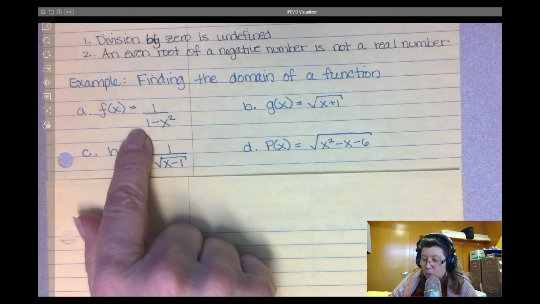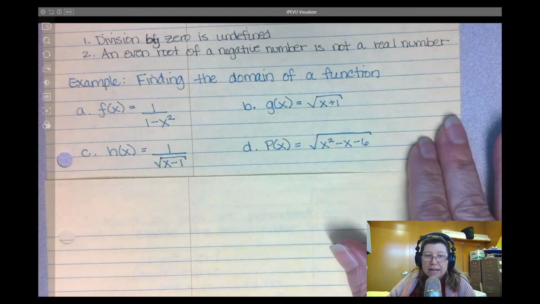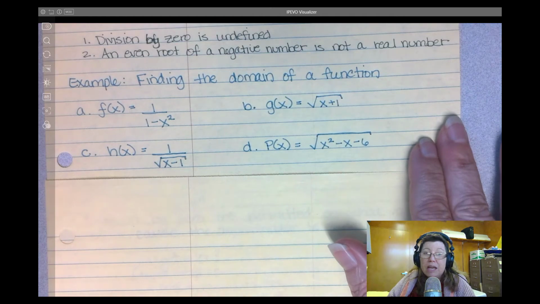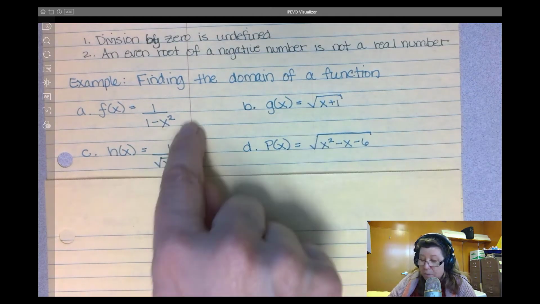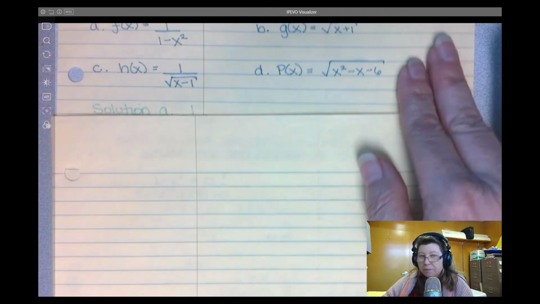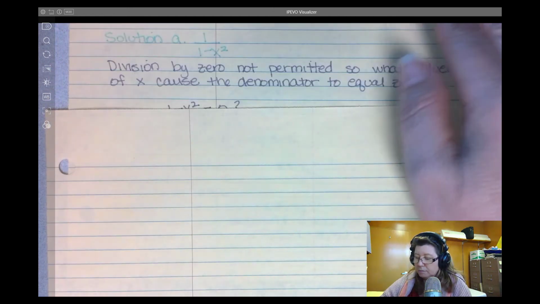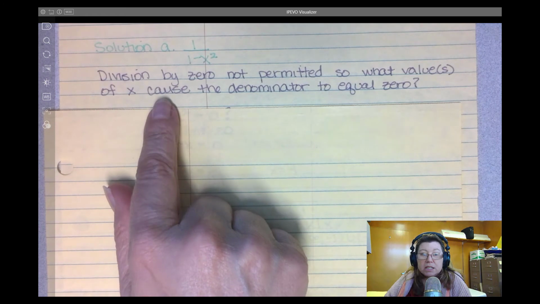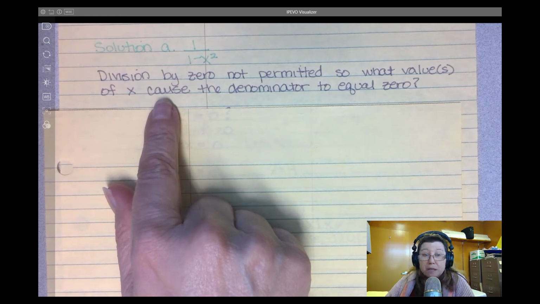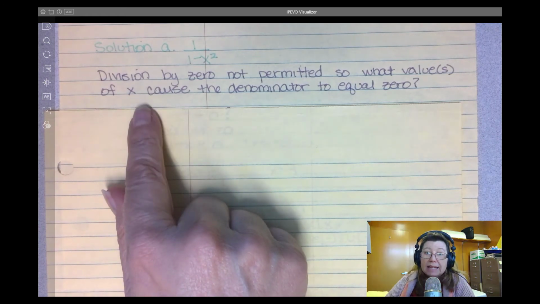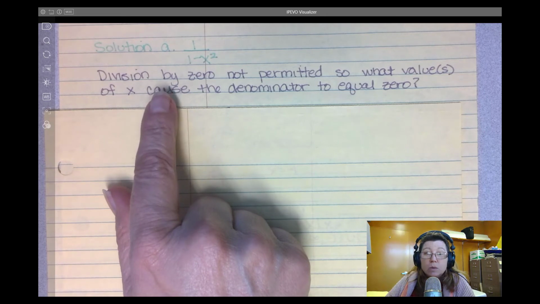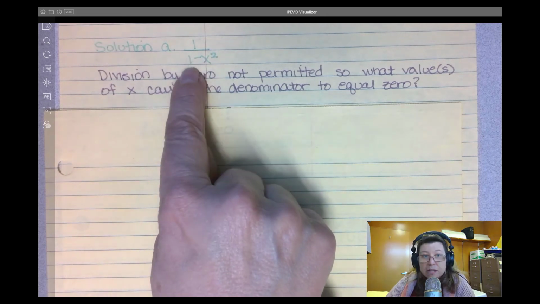For the first one, the possible breakdown is that it's in a fraction, and we don't want this denominator to be a 0. So let's look at the solution here. Because division by 0 is not permitted, what values of x cause the denominator to equal 0? So we're really focused on this denominator.